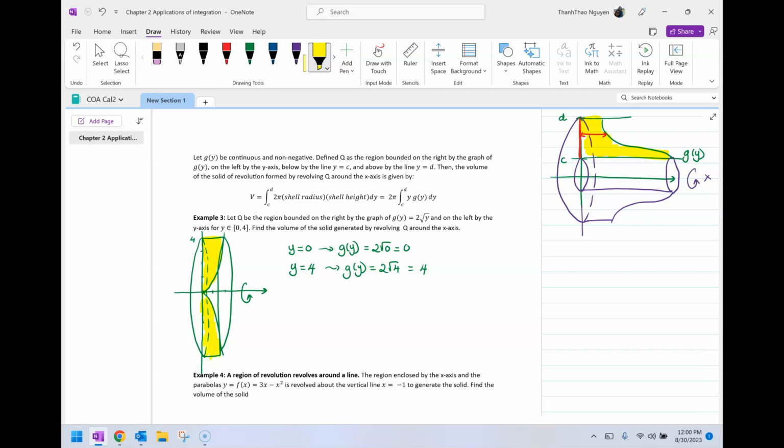Then we can use this formula to calculate the volume. The volume equals 2 pi times the radius, the radius varies between 0 to 4, of the function, that is 2 square root y dy.